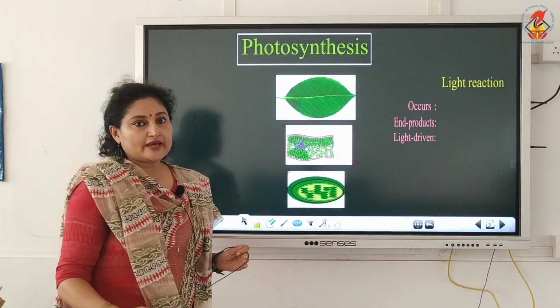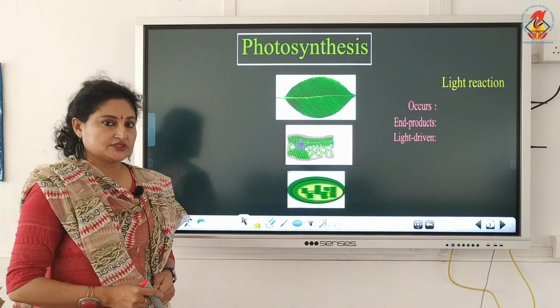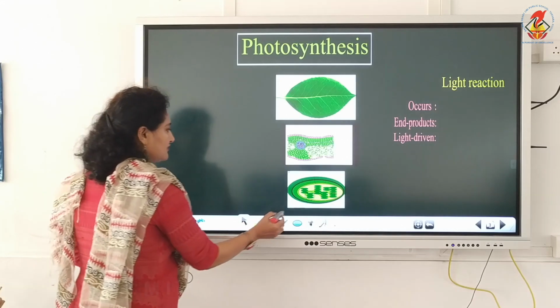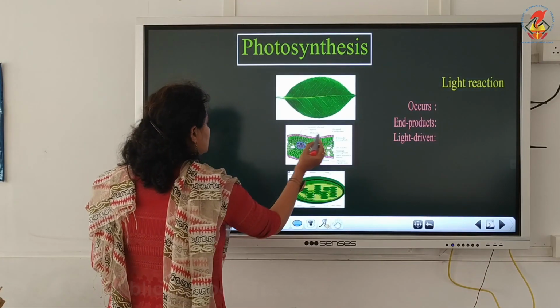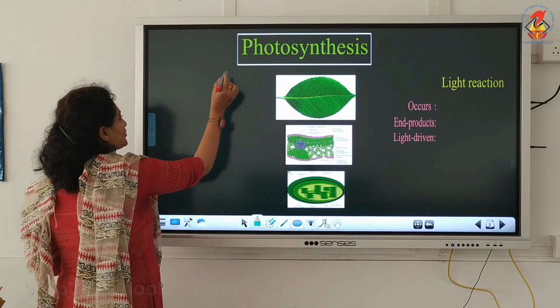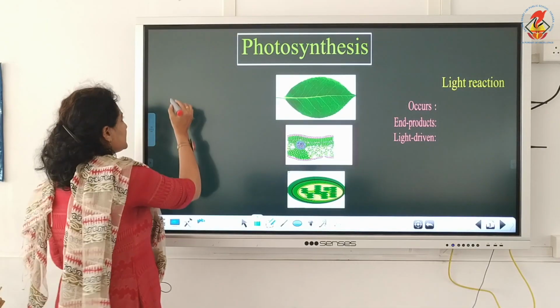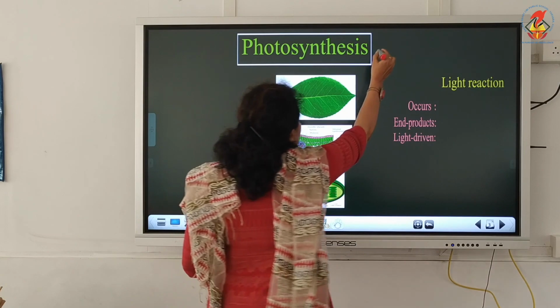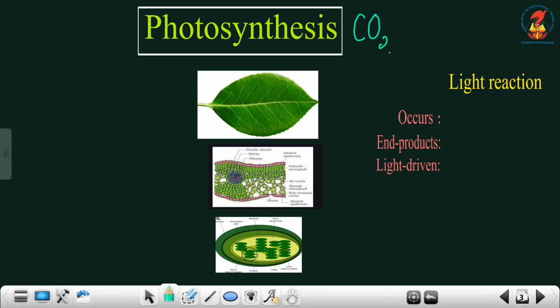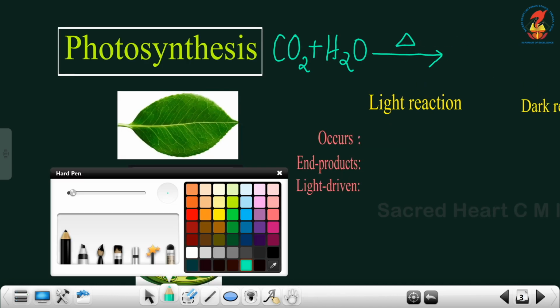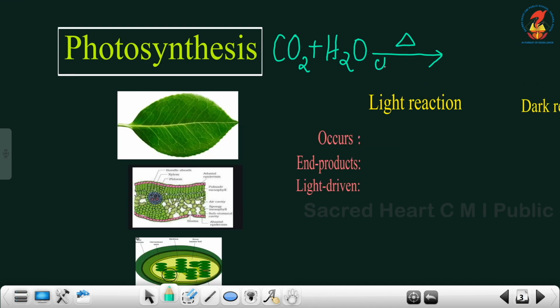We are all aware of the process of photosynthesis. Once again reiterating what you have learnt in lower classes, photosynthesis is a process by which plants prepare food using carbon dioxide and water in the presence of sunlight, and this sunlight is trapped by the chloroplast.